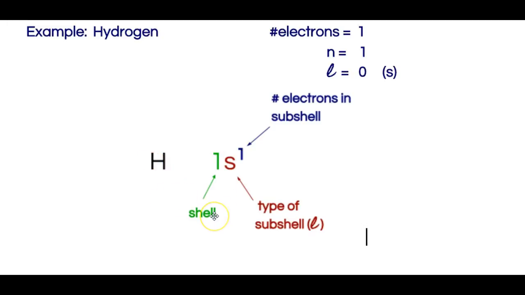Then I know that I'm talking about the first shell or the first energy level, so that's where this first 1 comes from. Then I indicate the orbital by the letter designation, so the type of subshell. And then as a superscript, or in the exponent if you like, I'm going to indicate the number of electrons that are in that subshell. So in short form, the electron configuration for hydrogen would be 1s1.